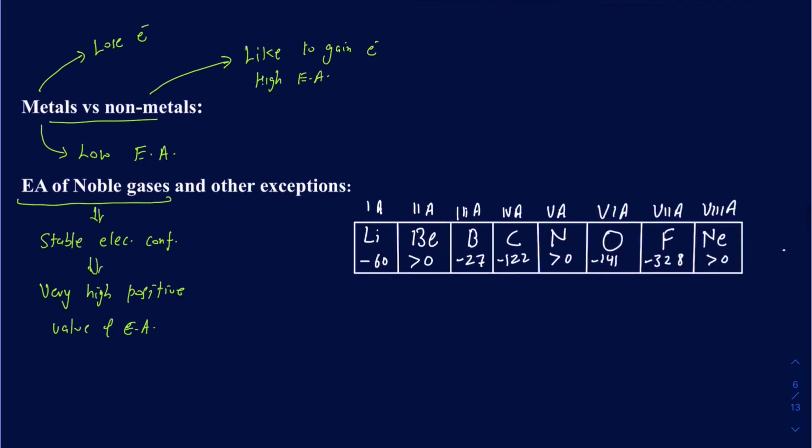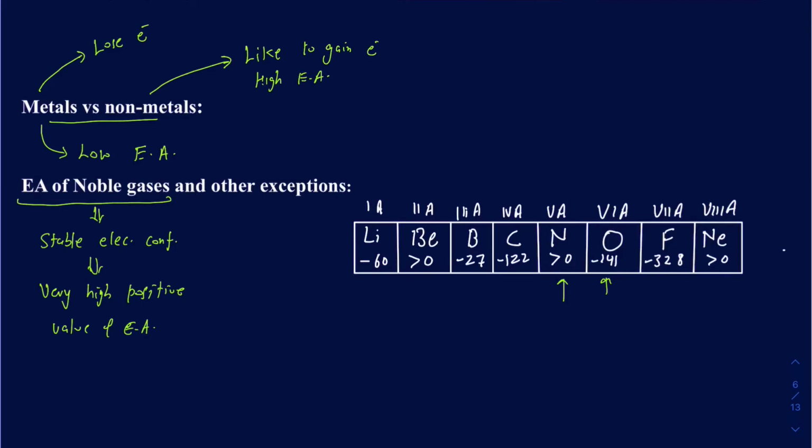Okay, some other exceptions to focus on here. When you're going from group 5A to 6A, and we saw that exception in the case of ionization energy as well, nitrogen has a positive electron affinity, which means it doesn't really want to have an electron added onto its shell, as opposed to oxygen, which has a negative electron affinity, which means it has a higher electron affinity.